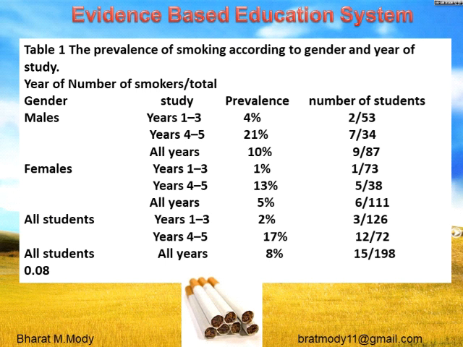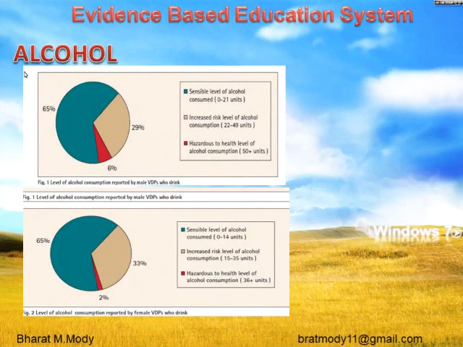So the number of students and all, you can get an average of all the students at the same time, which was 0.08, or 8%. So this is how tabling and everything is done, and you have to do that when you are evaluating the article or when you are trying to apply it to your patient.